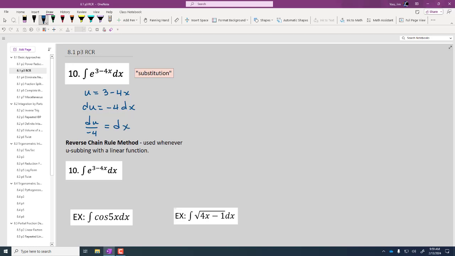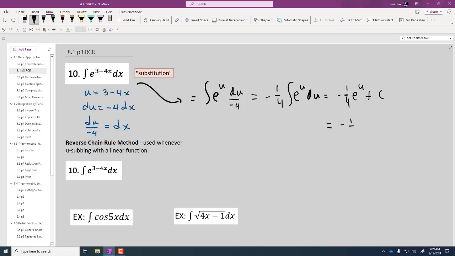And then you're finally going to get back to the integral. So this integral is going to be equal to the integral of e to the u, and then dx is du over -4. And then you would factor out the -4. And then you would do the integration. And then you would back substitute.